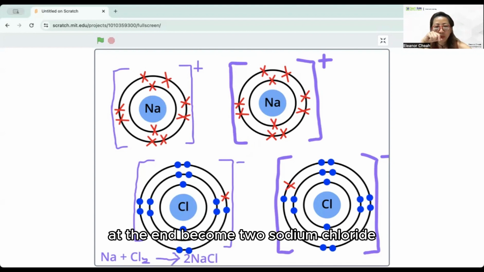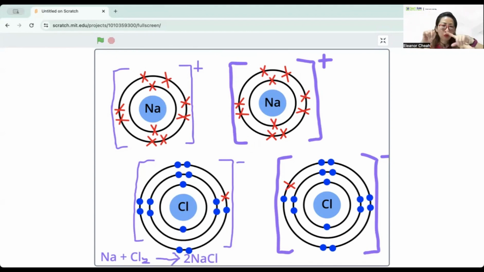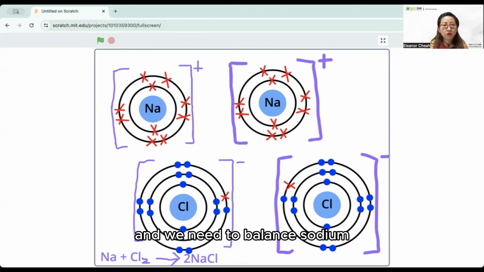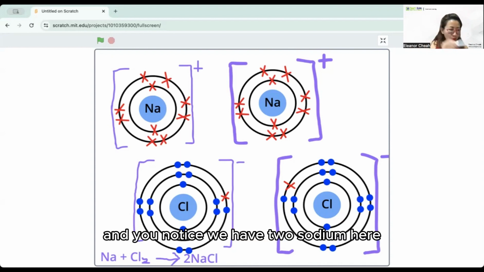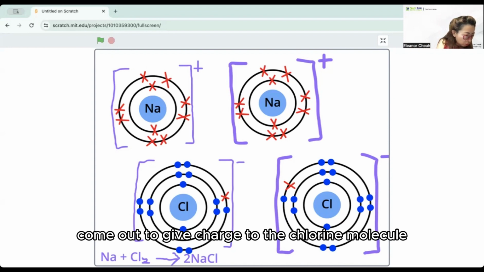At the end, it becomes 2 sodium chloride. And we need to balance sodium because on the left side there is only 1, and you notice we have 2 sodium here come out to give charge to the chlorine molecule.